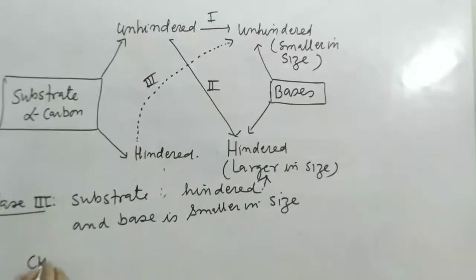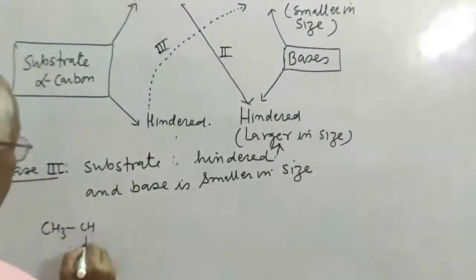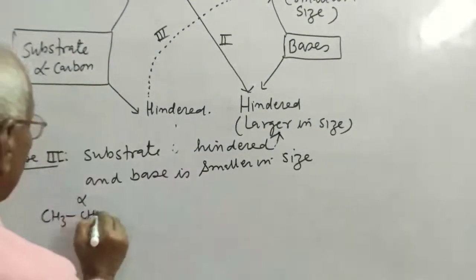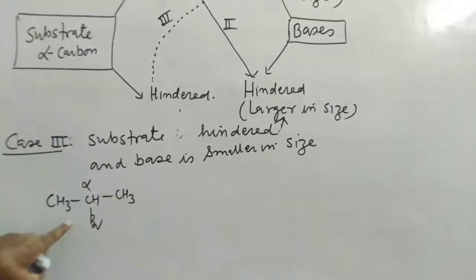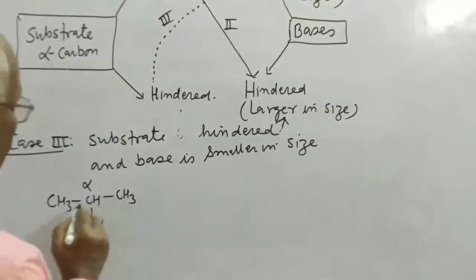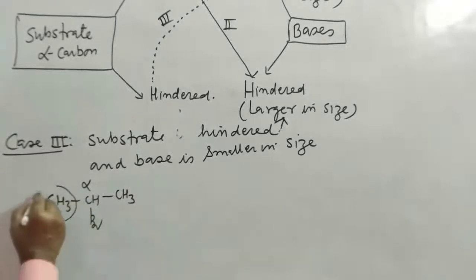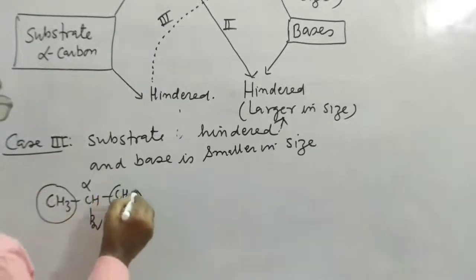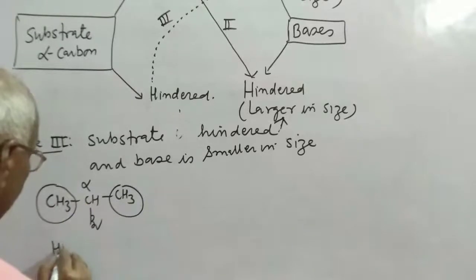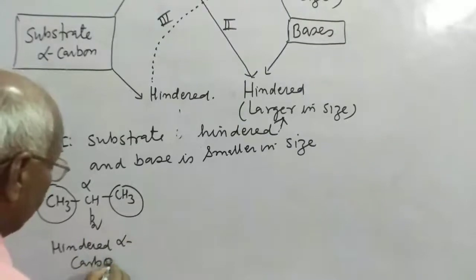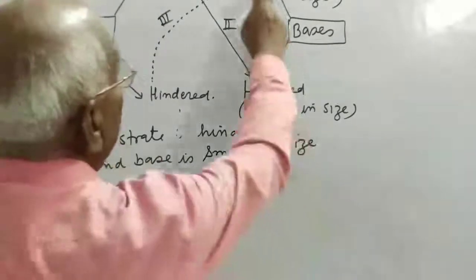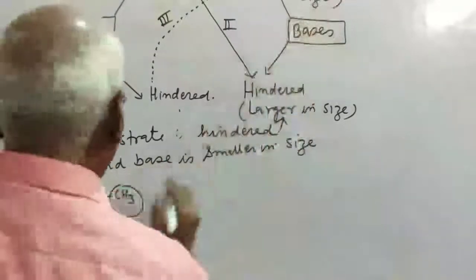So the case is (CH3)2CHBr. This is the alpha carbon and this is CH3. This alpha carbon is hindered because it is surrounded by two methyl substituents. It is going to react with an unhindered base that is smaller in size.